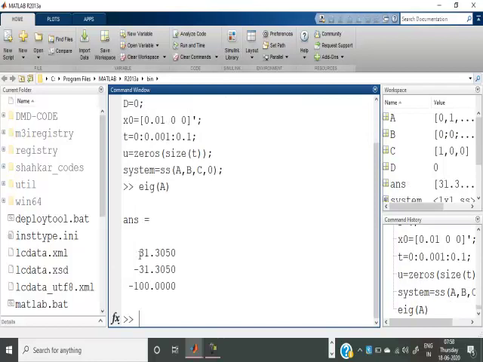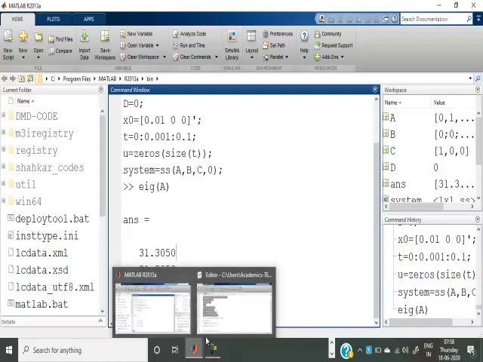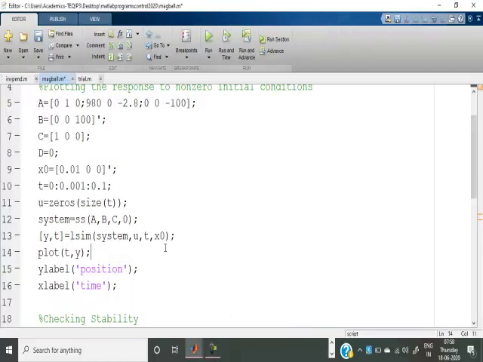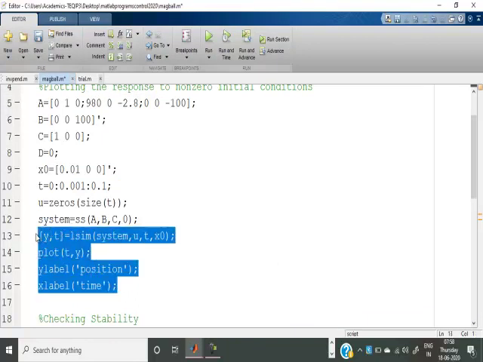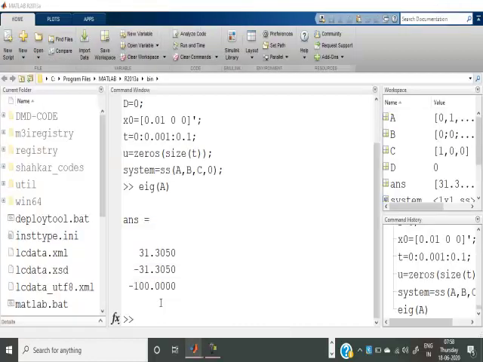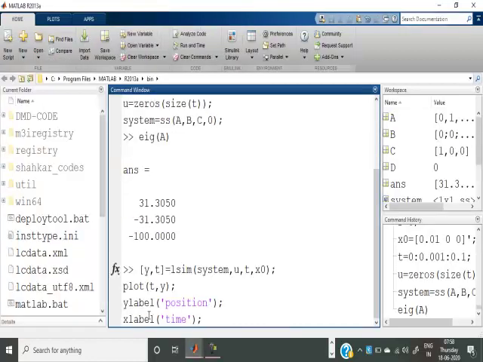You see there's one eigenvalue which is positive, two eigenvalues which are negative, but one eigenvalue which is positive. So inherently the system is unstable. Now, if I want to simulate it with reference to some initial condition and plot the response, you'll see that the response is going to be an unstable response.